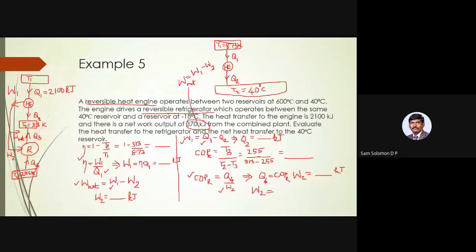Now you know the value of W2, you know the value of Q4. So now you will be able to find the value of Q3, which is also in kilojoule.